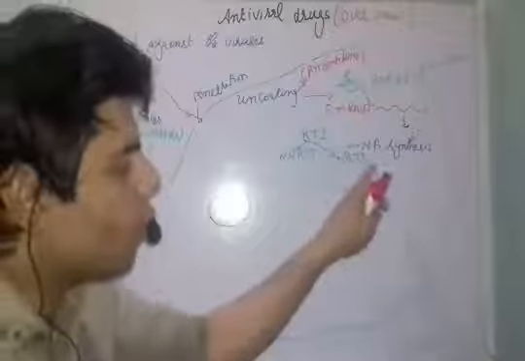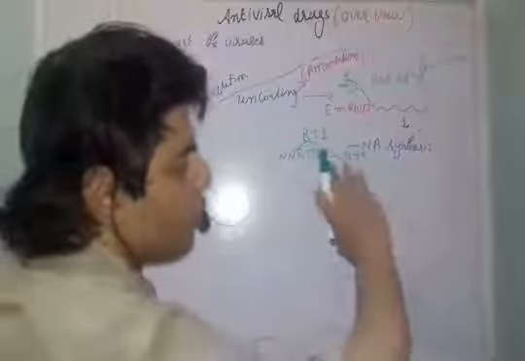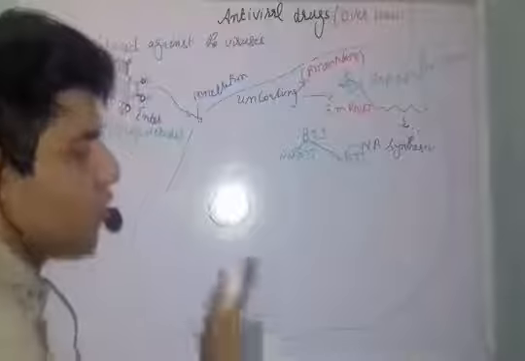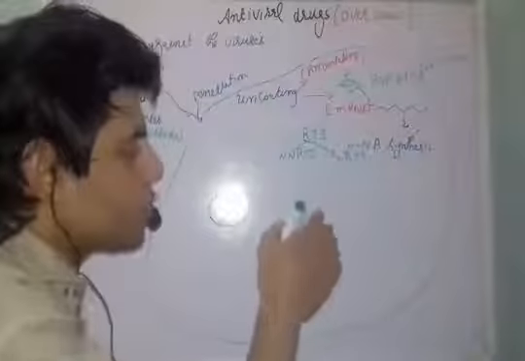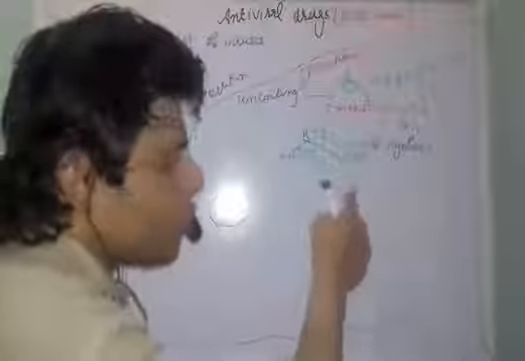Fine. So we usually give drugs to stop the activities of nucleic acid synthesis, and these drugs are called reverse transcriptase inhibitors, and they are divided into two classes: non-nucleotide reverse transcriptase inhibitor and nucleotide reverse transcriptase inhibitor. Fine.